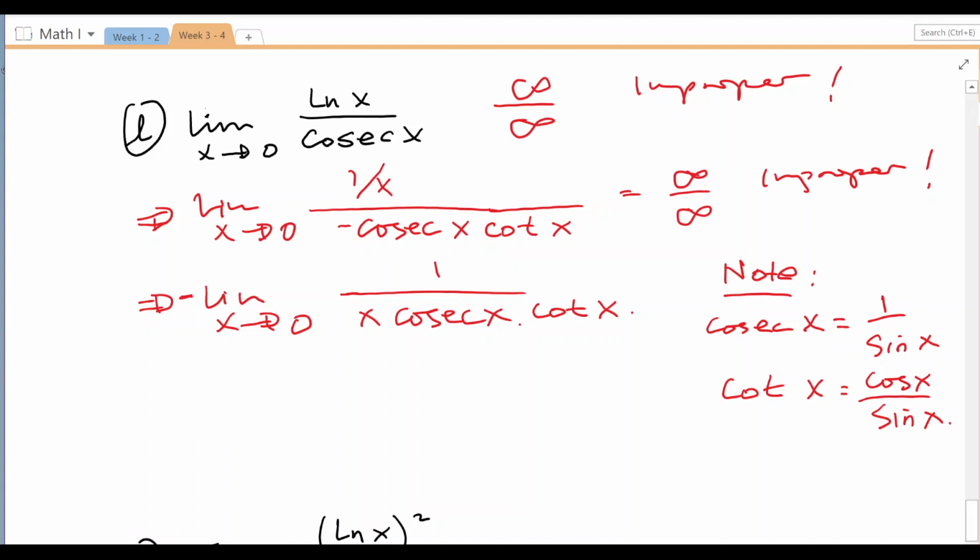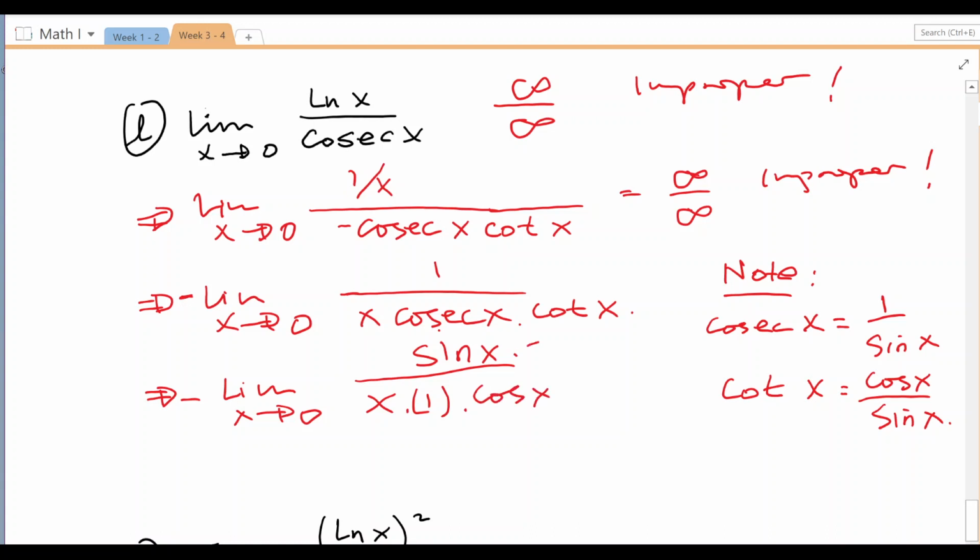So we have negative limit as x approaches 0 of 1 over x times cosec x, which is 1 over sine x, times cotangent x, which is cos x over sine x.